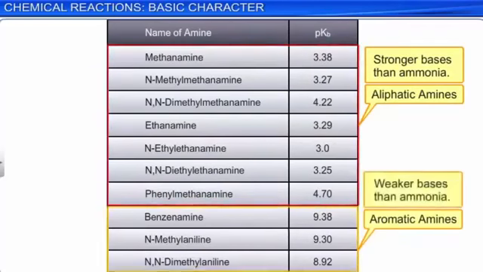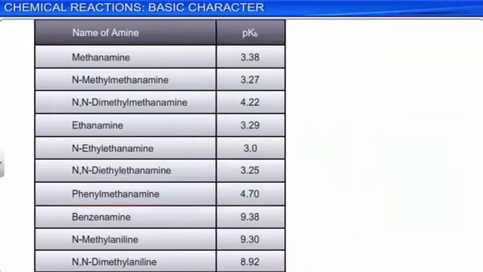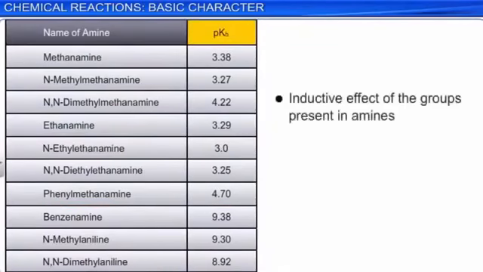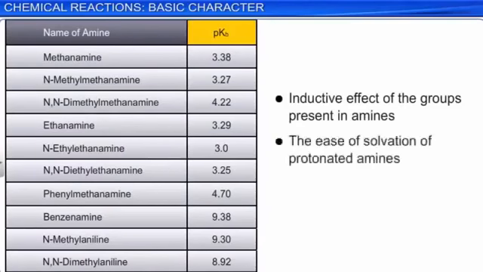The Kb or pKb values of amines are affected by factors like the inductive effect of the groups present in amines, the ease of solvation of protonated amines, and steric hindrance. Consider the inductive effect of an alkyl group of an alkyl amine.